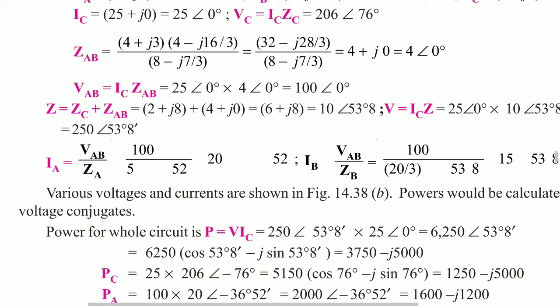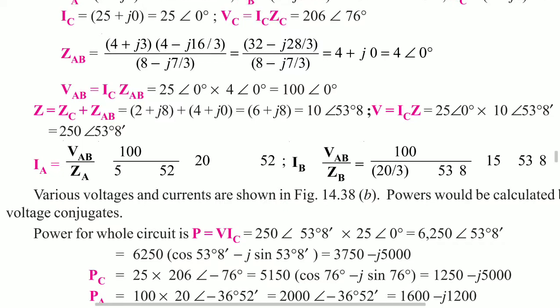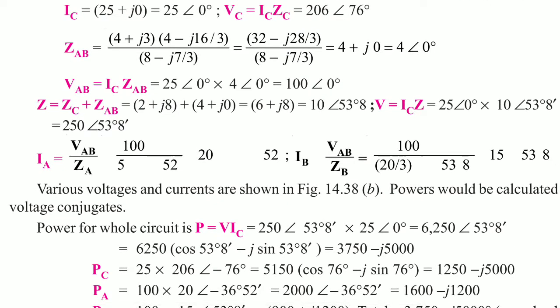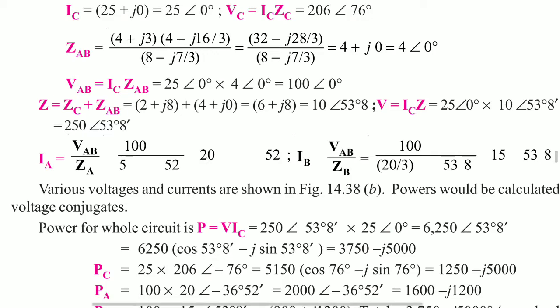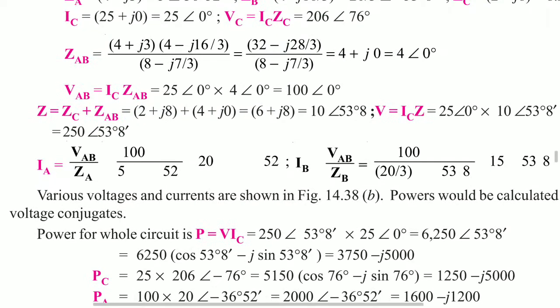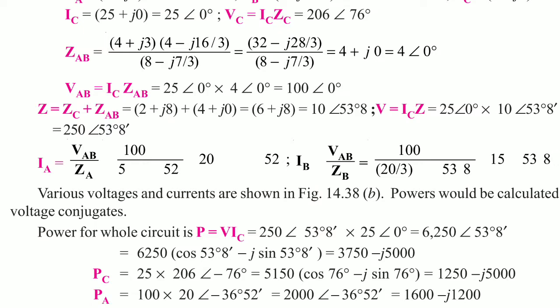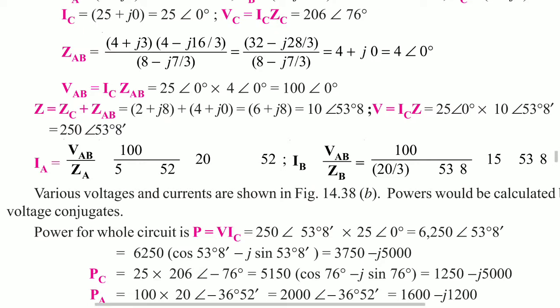So now IC is 25 angle of 0 degrees and Z is 10 angle of 53 degrees 8 minutes. So that gives V equal to 250 volts angle of 53 degrees 8 minutes.